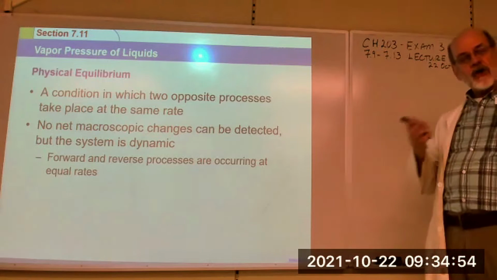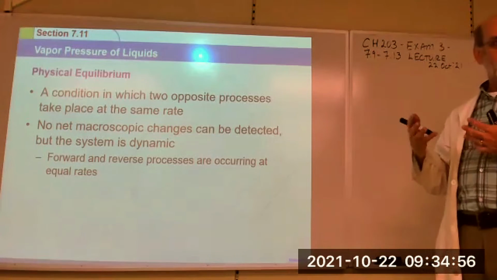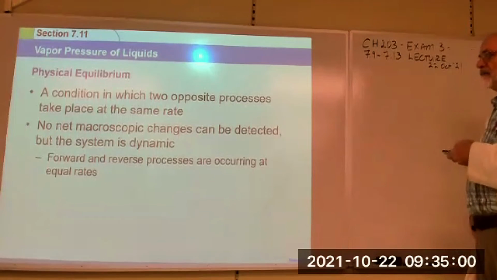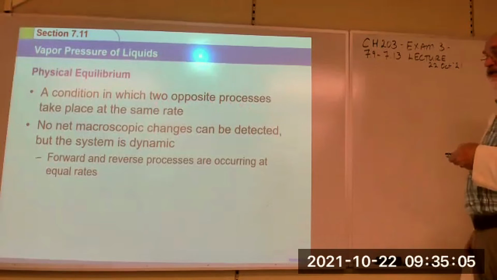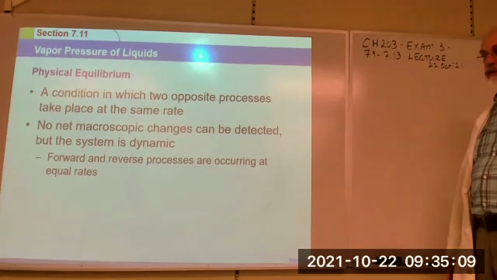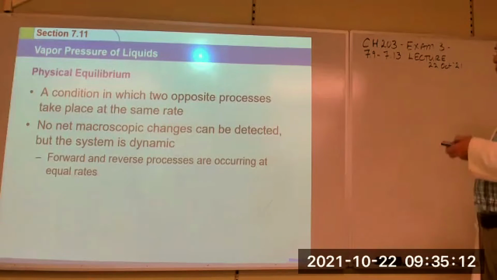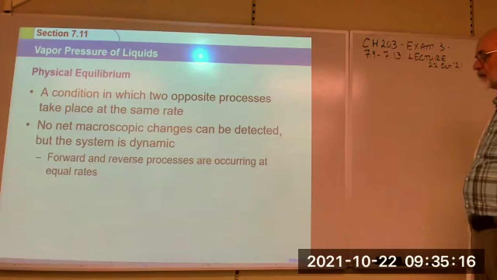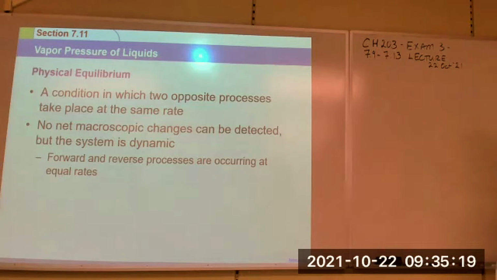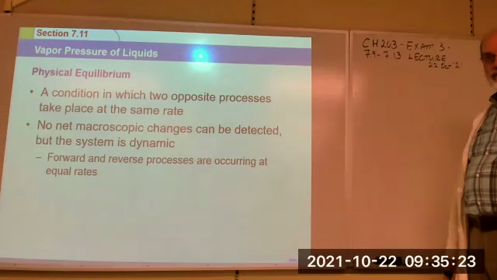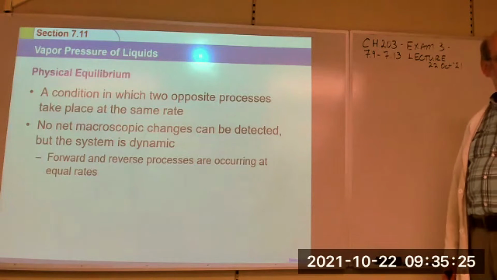So equilibrium can occur in both scenarios, either physical or chemical. So the general definition is two opposite processes occur at the same rate. That's the simplest definition of equilibrium. And in the physical equilibrium, that would be a change of state from one to the other. And when that happens, the interesting thing is you don't see a change, right?